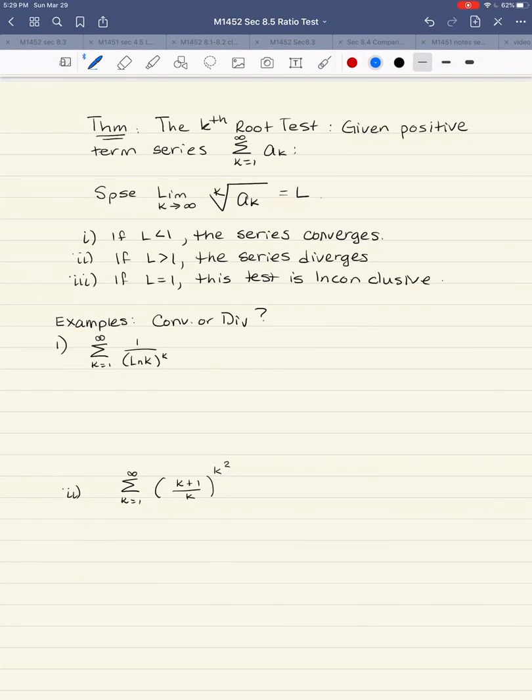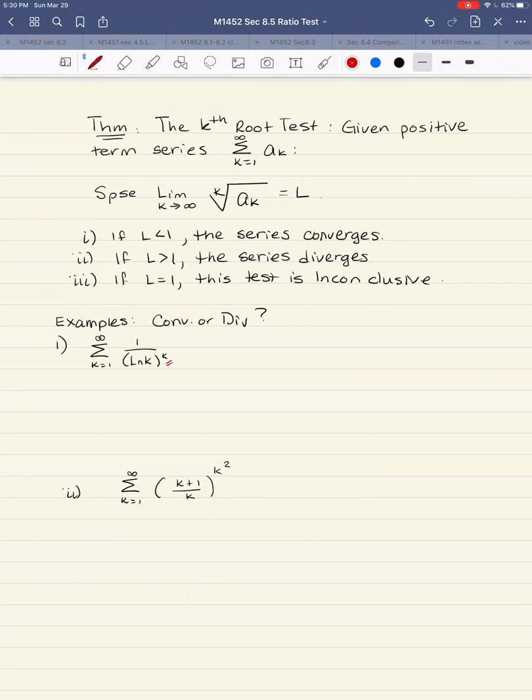If the limit of the kth root is smaller than 1, the series converges. If the limit of the kth root is bigger than 1, the series diverges. And if the limit is equal to 1, the test is inconclusive.